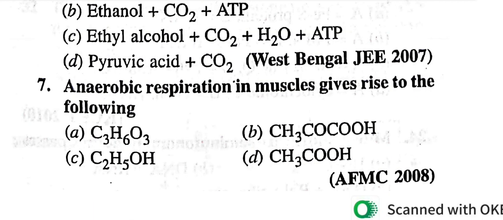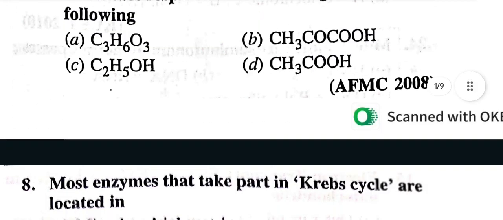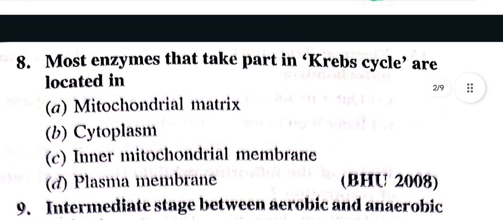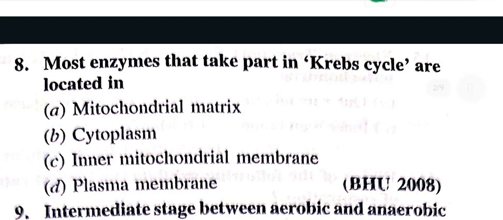So what is the correct option? It is CH3CHOHCOOH, which is lactic acid. The next question is, most enzymes that take part in Krebs cycle are located in. As Krebs cycle occurs inside the mitochondria, most of the enzymes are present in the mitochondrial matrix. So option A is correct.